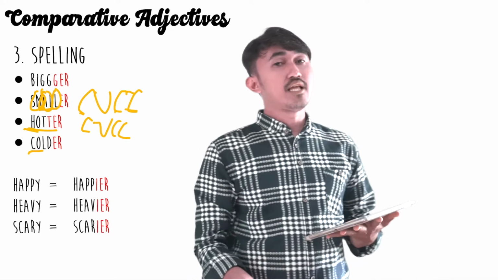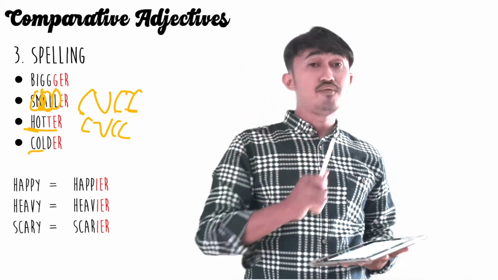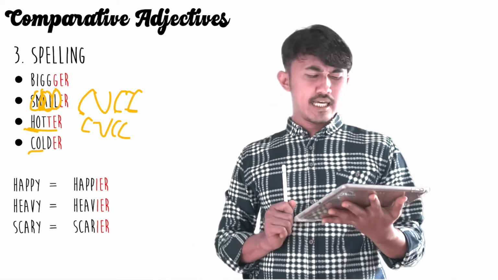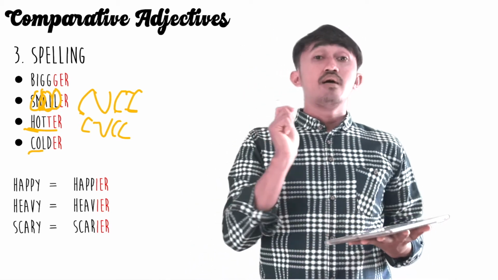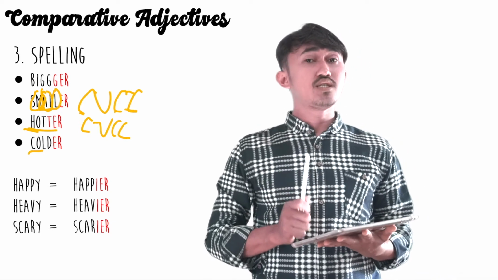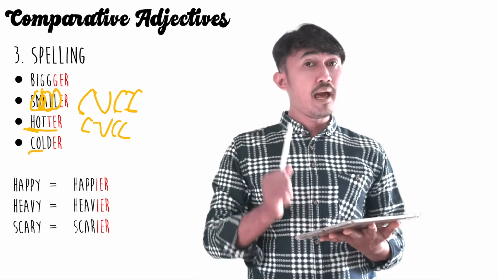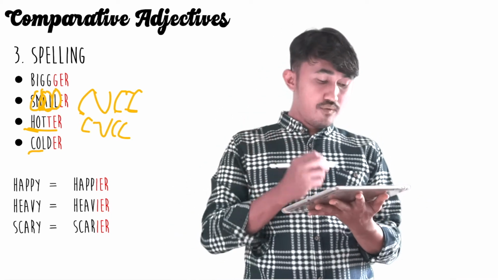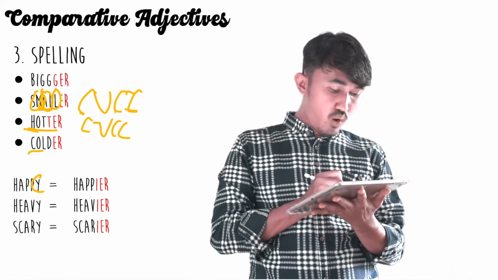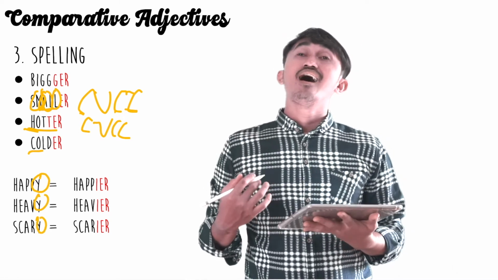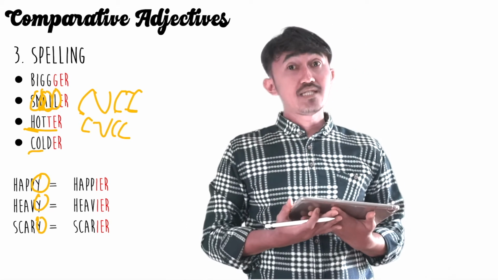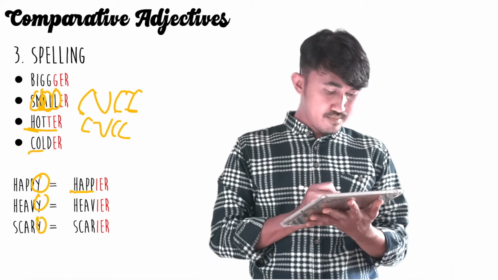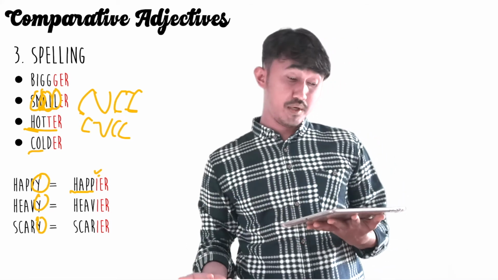The last thing I'm going to explain today is if you meet an adjective in English and you want to put er at the end, and you see Y at the end of the word. For example, happy. The end of the word is Y. So if you meet that Y, you should replace Y with I. So we have happy, no Y, but I put I like this, and I call it happier.